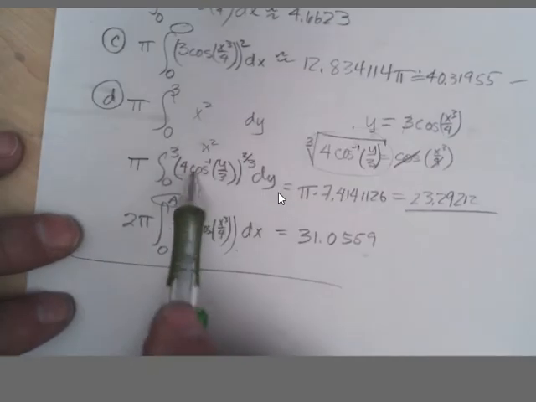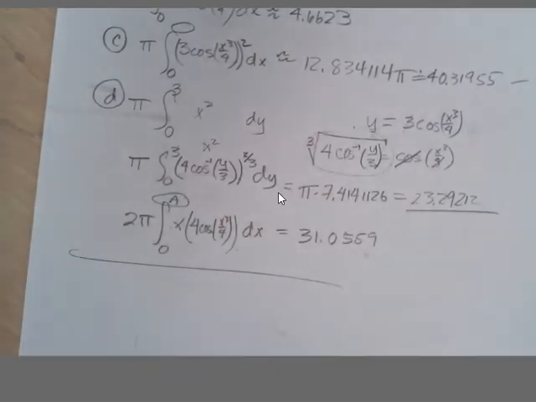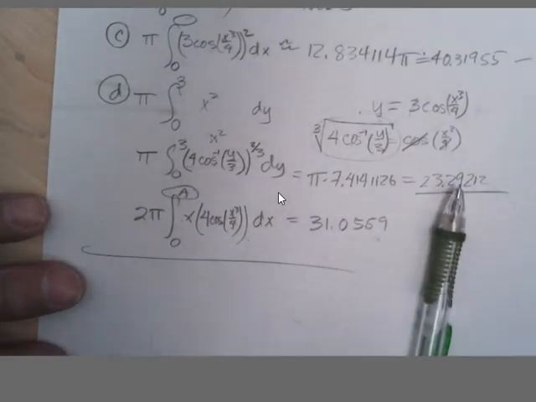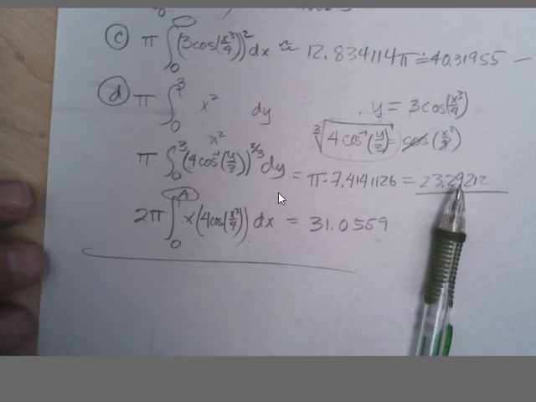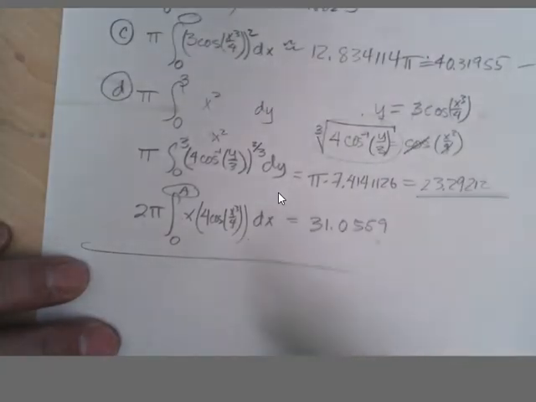Might be something to do with taking the inverse of this. Not sure. Wonder what the answer is. Let me check. Got to come over here. Problem number 7. 23.29. This is correct. I made a mistake on this one.